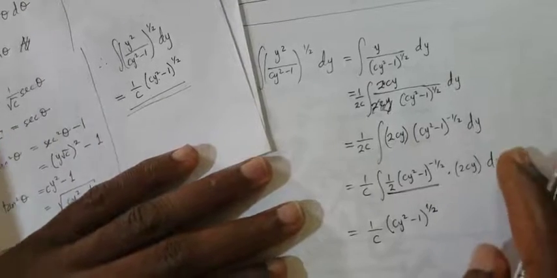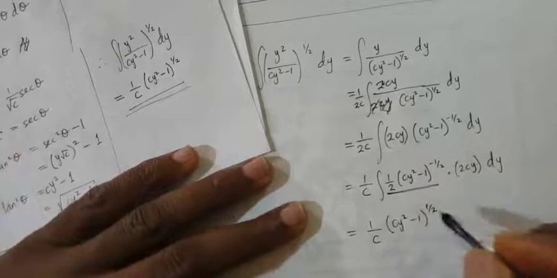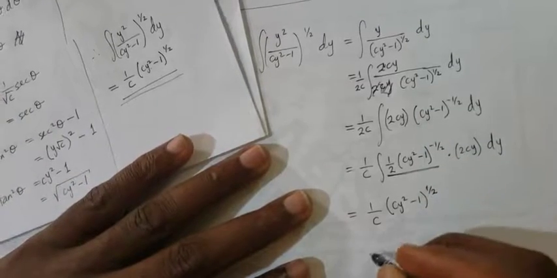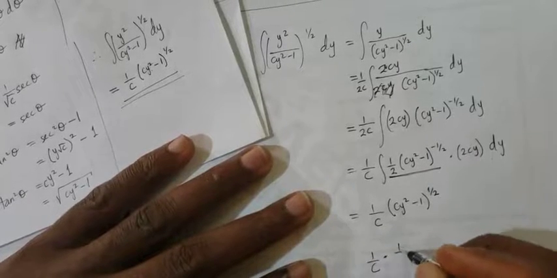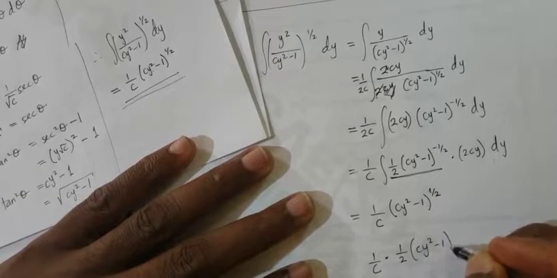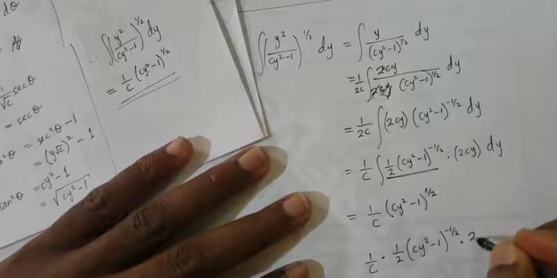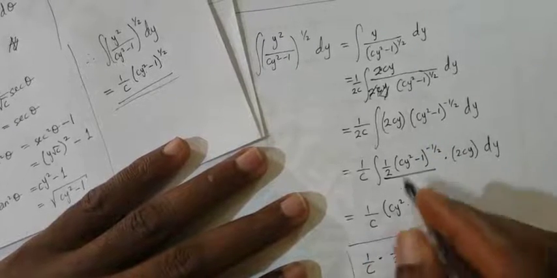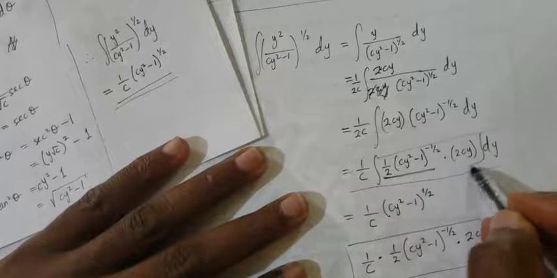What do I mean by that? If you want to differentiate this, you bring down the power. You are going to have 1 over c, multiplied by the power, 1 over 2. Subtract 1 from the power, that gives (cy squared minus 1) raised to power minus 1 over 2, then multiply by the derivative of the core, which is 2cy. That is exactly what we had here.